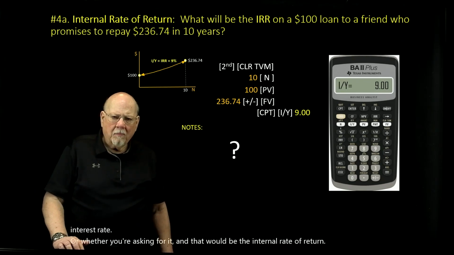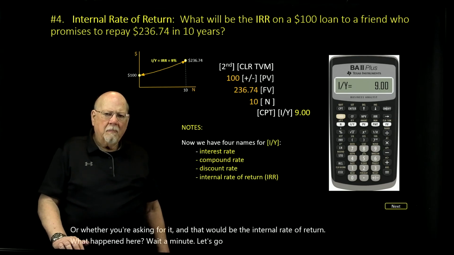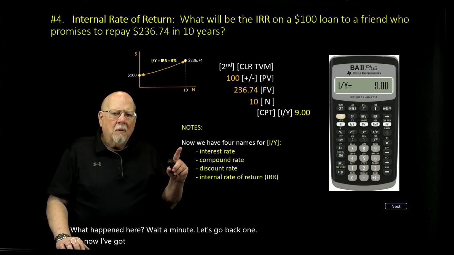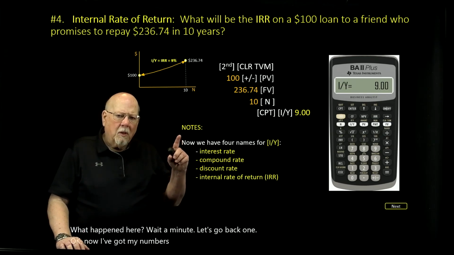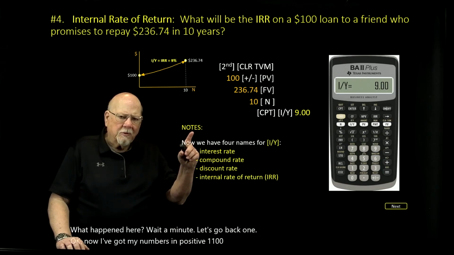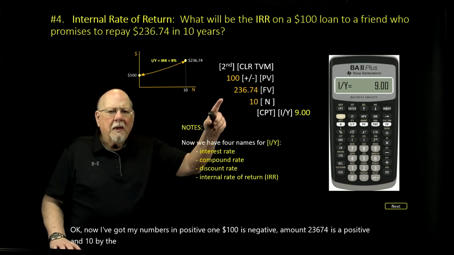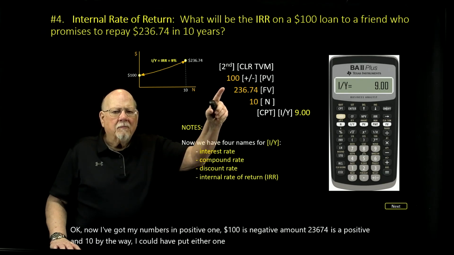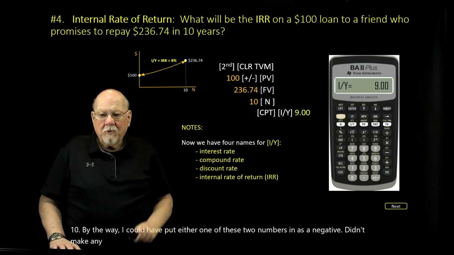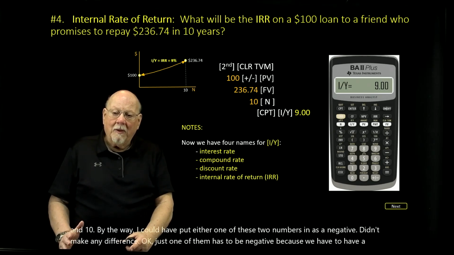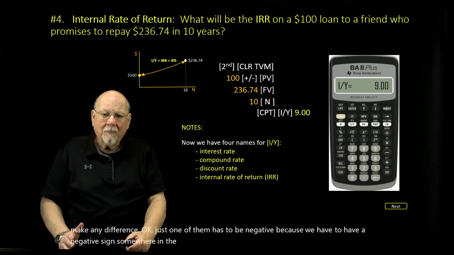What happened here? Wait a minute, let's go back one. Okay, now I've got my numbers in positive. $100 is a negative amount, $236.74 is a positive, and 10. By the way, I could have put either one of these two numbers in as a negative. It didn't make any difference, okay? Just one of them has to be negative because we have to have a negative sign somewhere in the time value problem.